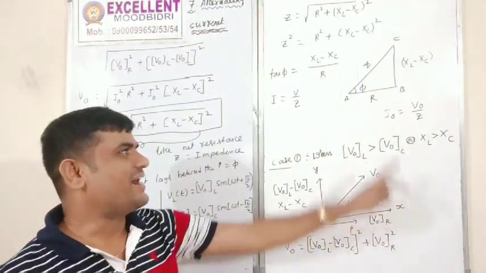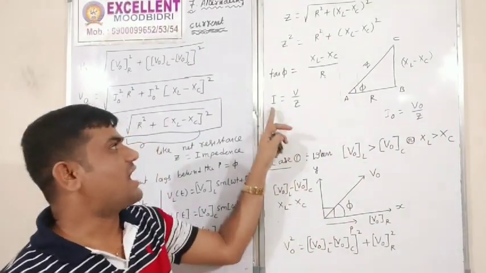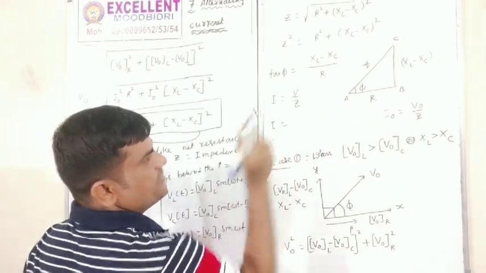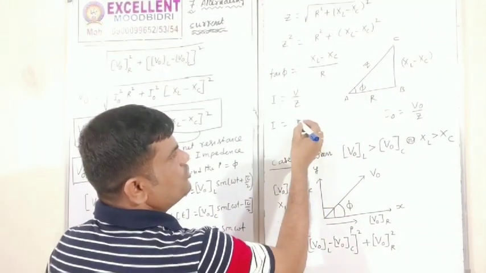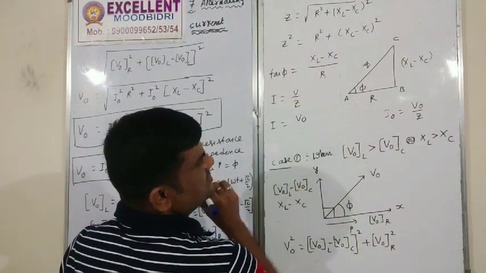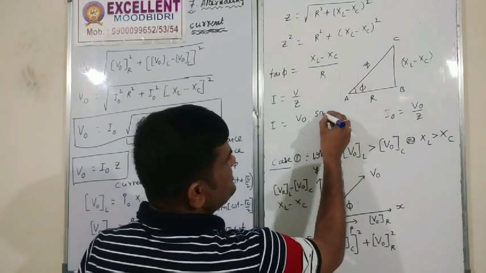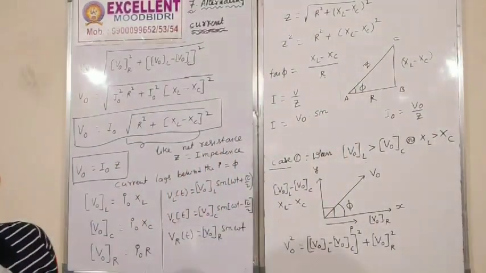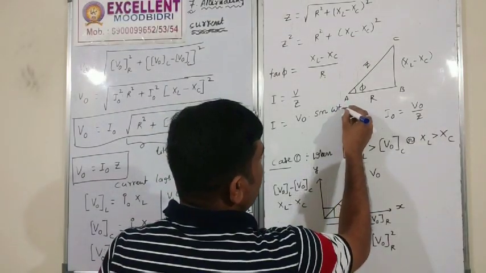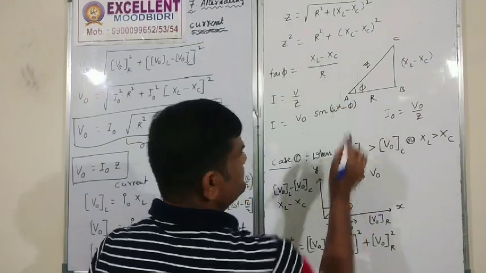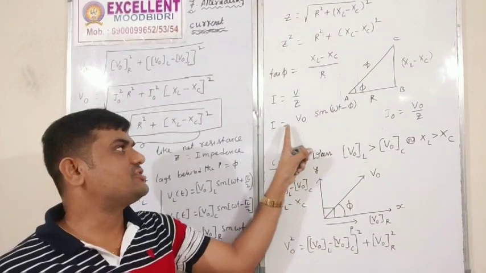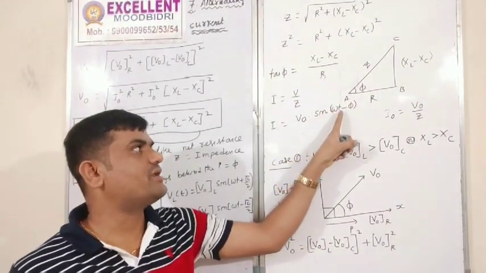Yes or no? I naught is equal to V naught by Z, I is equal to V by Z. What is the V formula? V is equal to V naught into sine omega t minus phi.